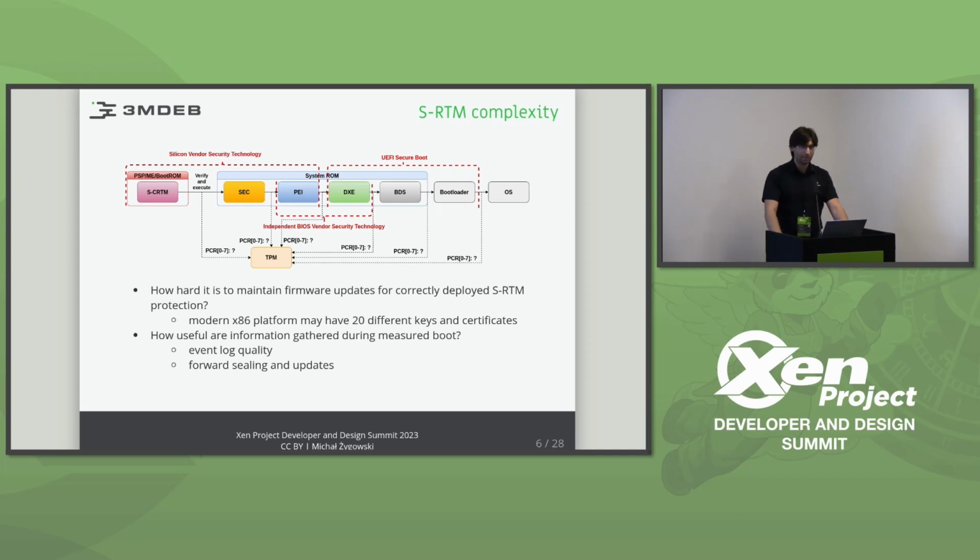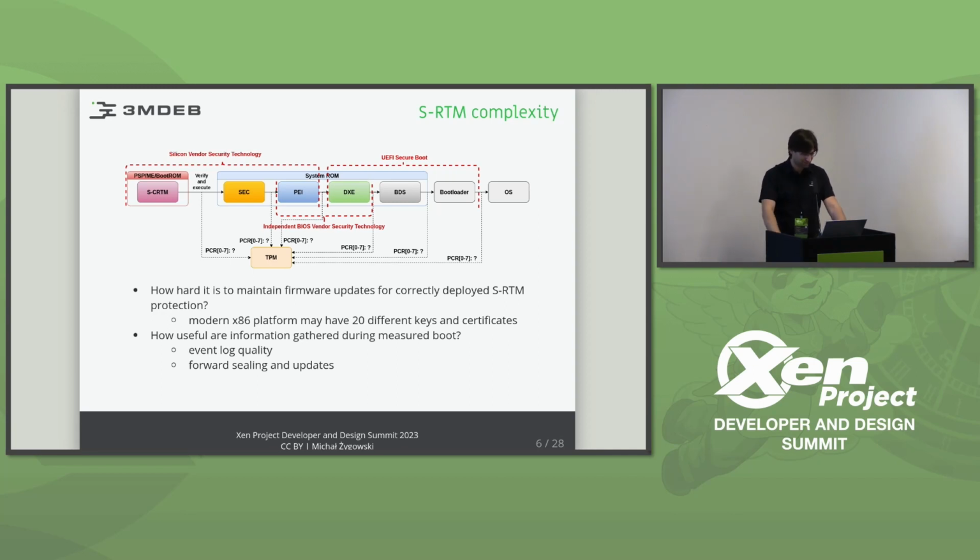As you can see, the chain is very long, and you can already imagine how hard it is to maintain trust from the very beginning, which we should consider the reset vector, to the end, possibly our target software or operating system. Modern x86 platforms may have over 20 various keys incorporated into this chain.